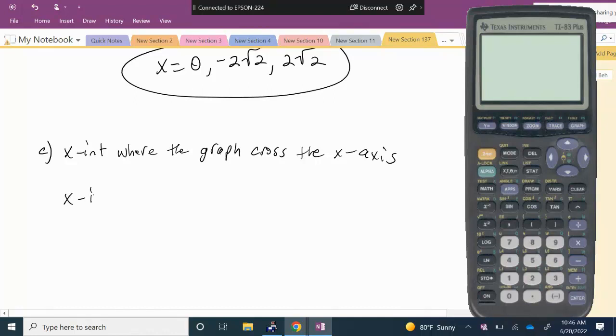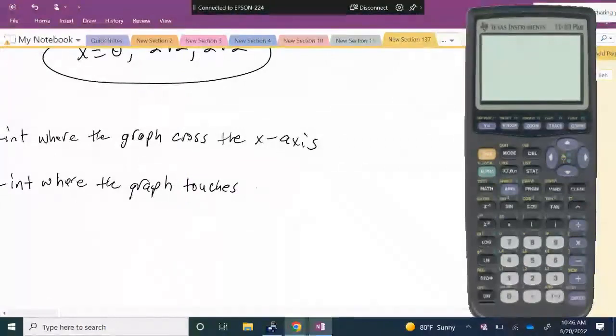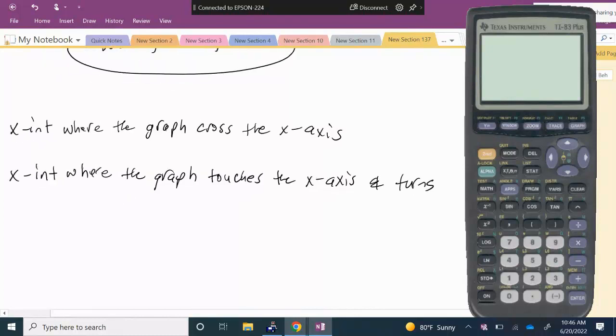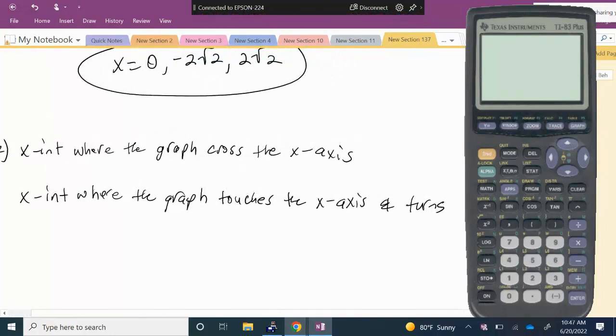And then there's another part of C that wants us to answer where the X-intercept is, or the X-intercept where the graph touches the X-axis and it turns. Okay. All right, so I'm going to kind of explain these two.